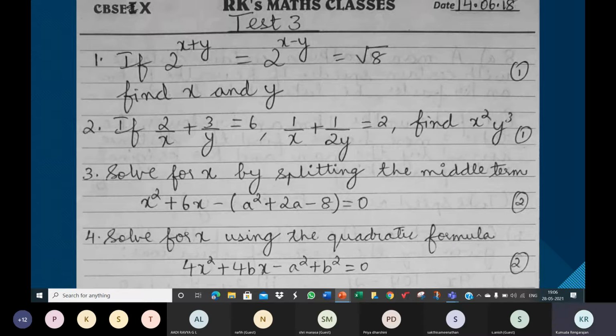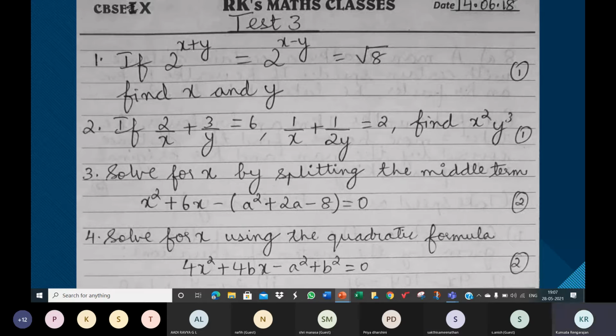Yeah, please start working the first one. How do you express square root of 8 in the exponential form? 2 root 2.